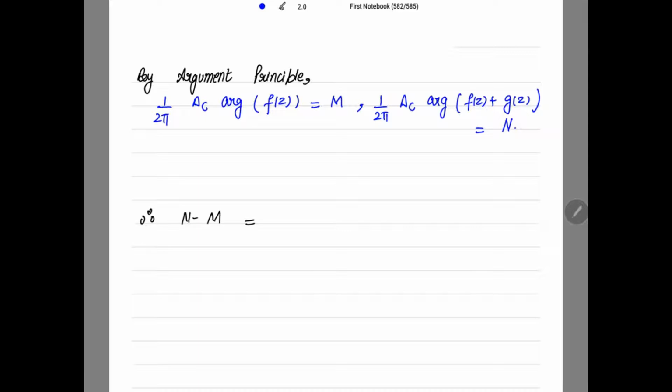So I have to claim that N minus M is equal to 0 first. This we need to prove.